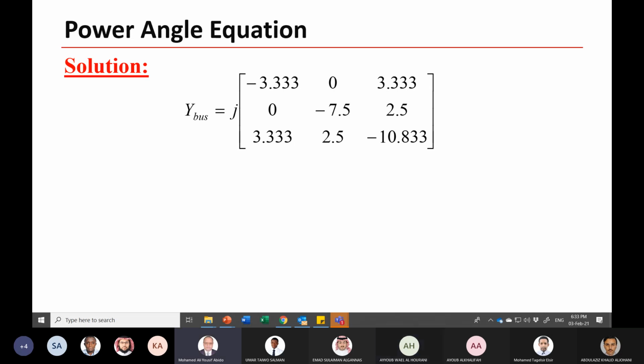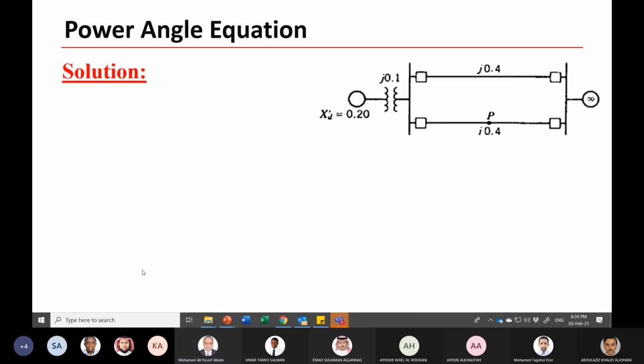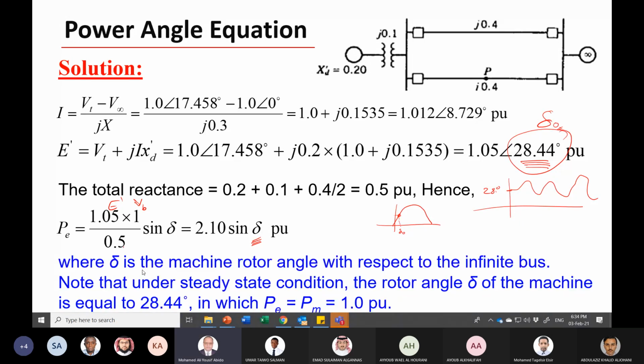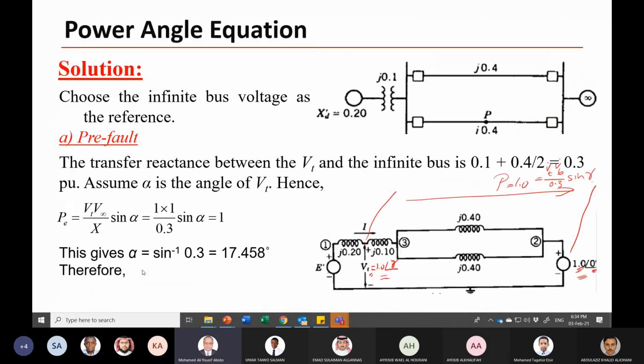As we discussed earlier, if you still remember, if we have a fault, this is the fault current and this is the time.